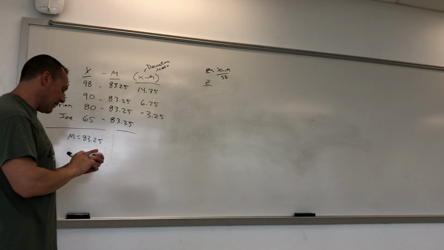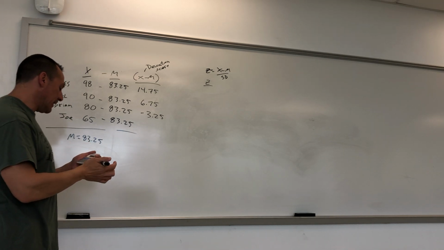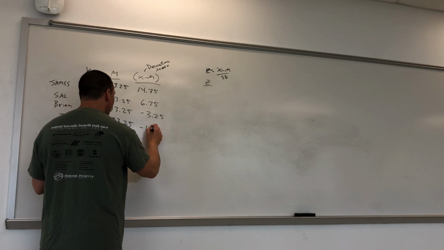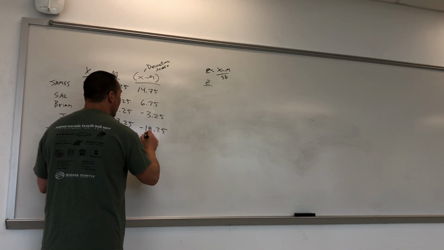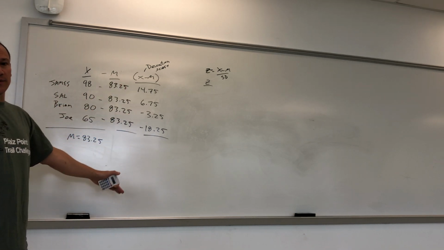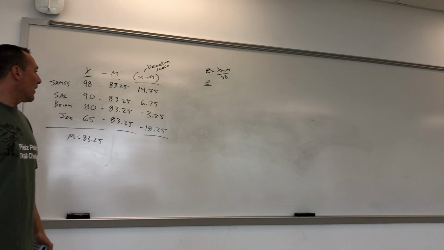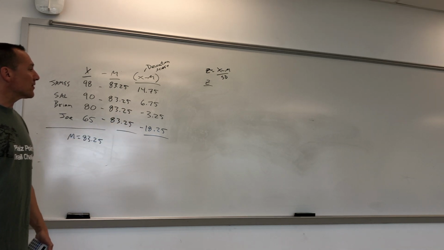And 65 minus 83.25 is negative 18.25. Remember, that column should sum to 0, so if you want to check your work, you can do that. I'm eyeballing it, and it looks like it's going to sum to 0, so that should not be a problem.